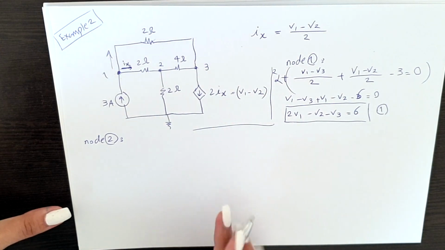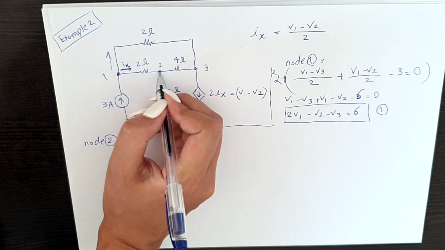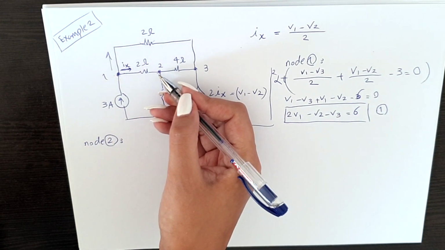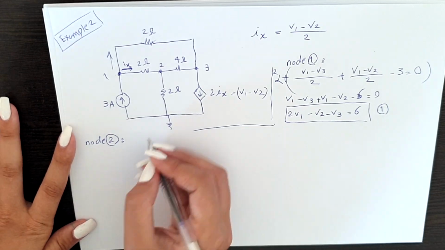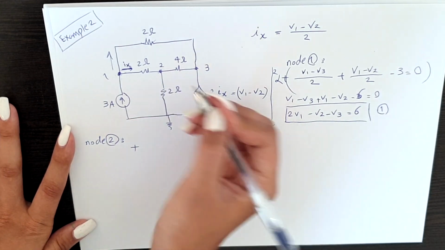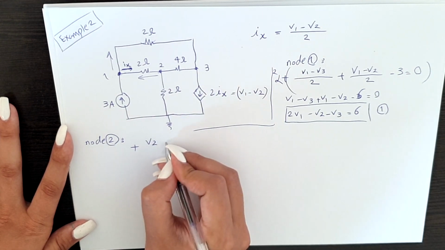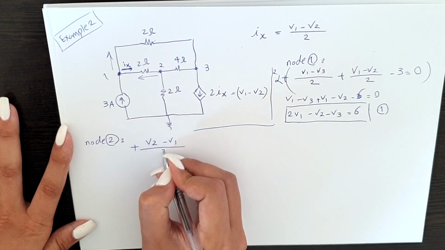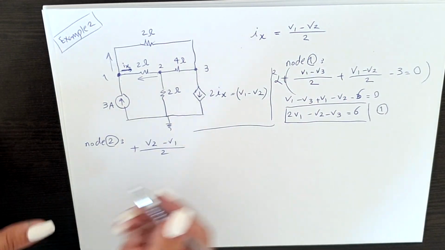We have one Ix going to this node, so we say minus Ix, or we can put a plus and consider our own current from this side to that side, V2 minus V1 over 2, which is basically the same thing.